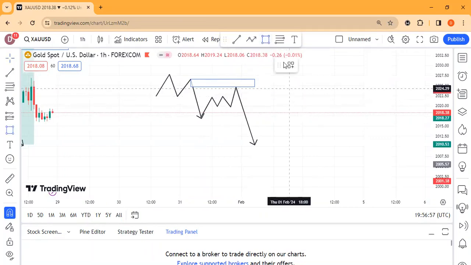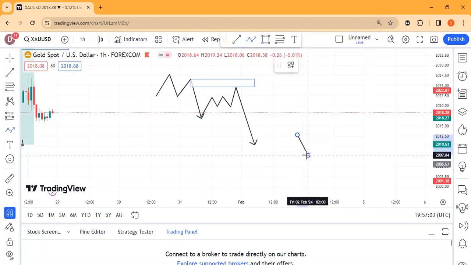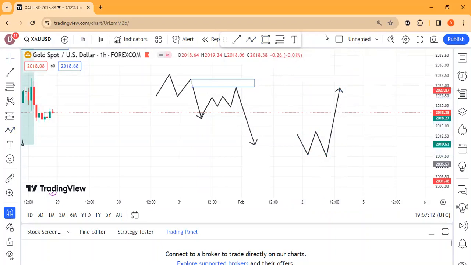Same thing with the demand zone. When we have something like this in the morning, and you see that there's a break of structure, then you mark your demand zone here.